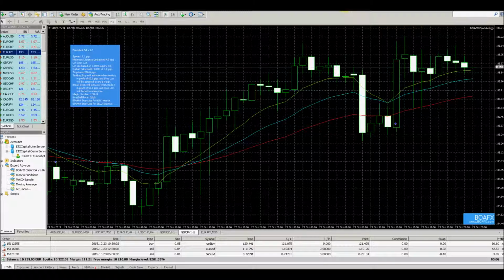There's an installation video that comes with the email when you purchase the robot, and once you install it on the platform, as you can see, it is there. You can see this blue box there, Fundabot EA version 1.0. It tells you the settings that are set up there as well. You can see the little smiley face there, which is quite cute. BOAFX Fundabot. So you can see that's already installed.